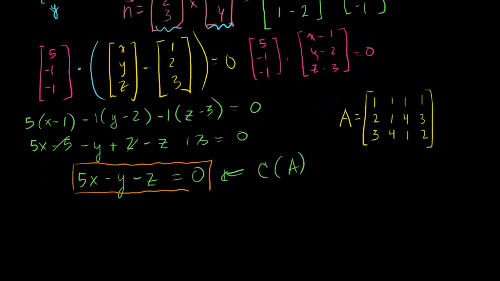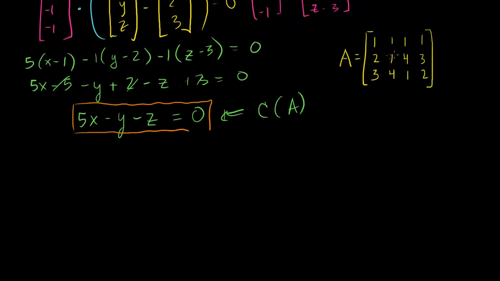But let me take this right here and use our other definition of column span. Our other definition, or it's really an equivalent definition, is all of the valid solutions to Ax. Let me write it this way. It's all of the valid solutions to Ax where x is a member of Rn.